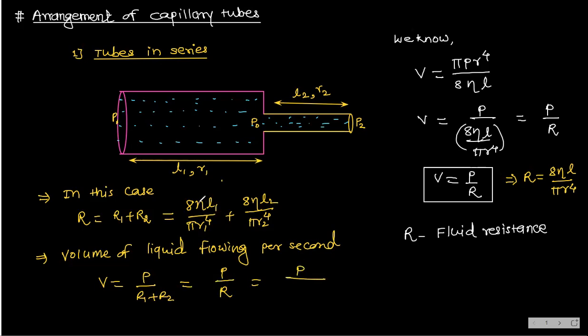So P divided by R, I can take 8 eta. Yes, but what I can take common, you see? 8 eta by pi, can I take common? 8 eta by pi into bracket L1 by R1 power 4 plus L2 divided by R2 power 4, and that is equal to, this pi will go up, pi P divided by 8 eta into bracket L1 by R1 power 4 plus L2 by R2 power 4.